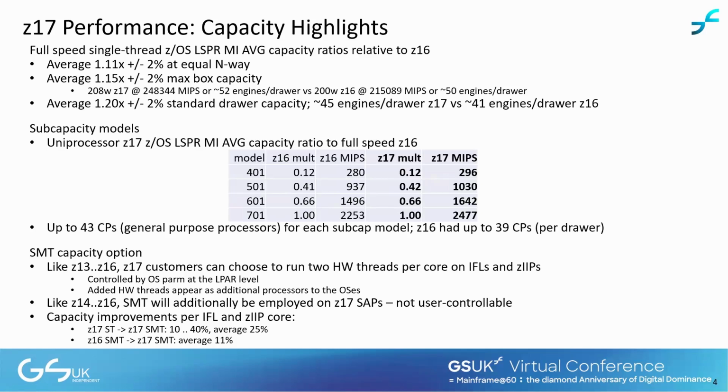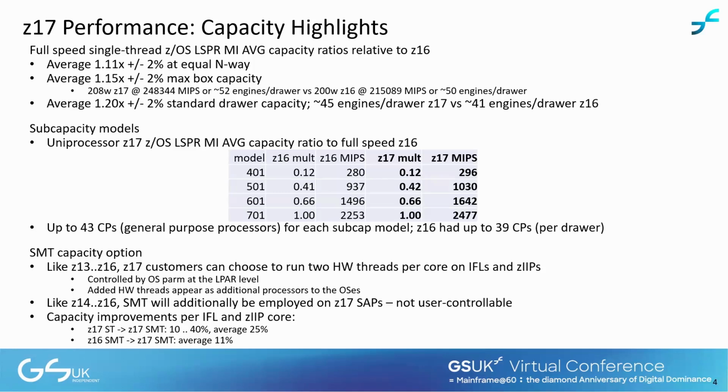So the 600 series runs at about 2/3 the effective clock frequency of the 7 series, while the 5 series runs at about 42%, and then the 4 series runs at about 12% that of the 701. And we held these ratios pretty consistent from Z16 to Z17, so no surprises or churn there. And then we also show the relative MIPS based on those multipliers and what we know the full speed line to be.